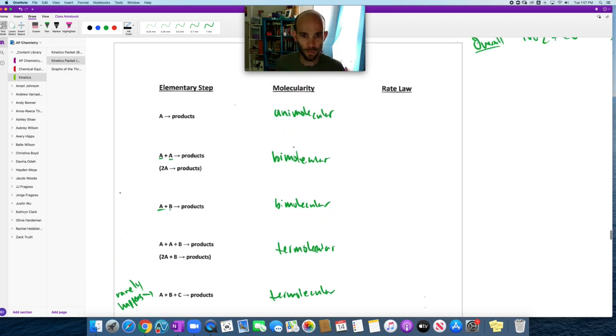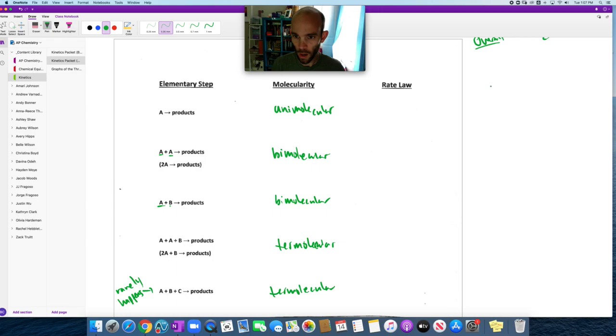Okay. So what would the rate laws be based on the molecularities here? Okay, the rate law here would be rate equals k[A] raised to the first power. Here, rate equals k[A] squared. This one, rate equals k[A] to the first power, [B] to the first power.